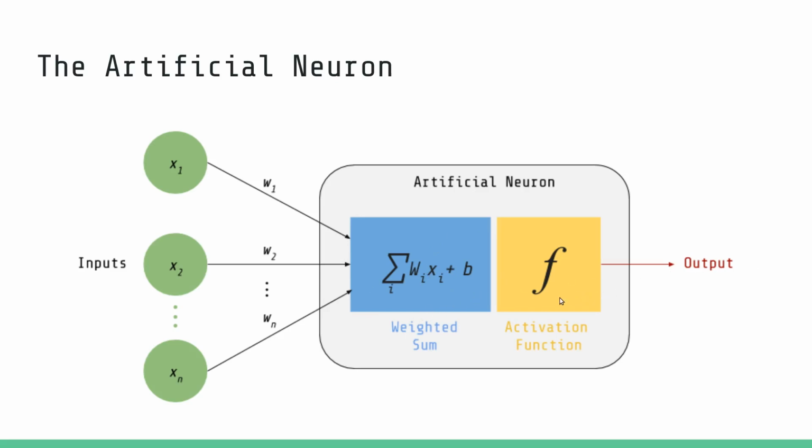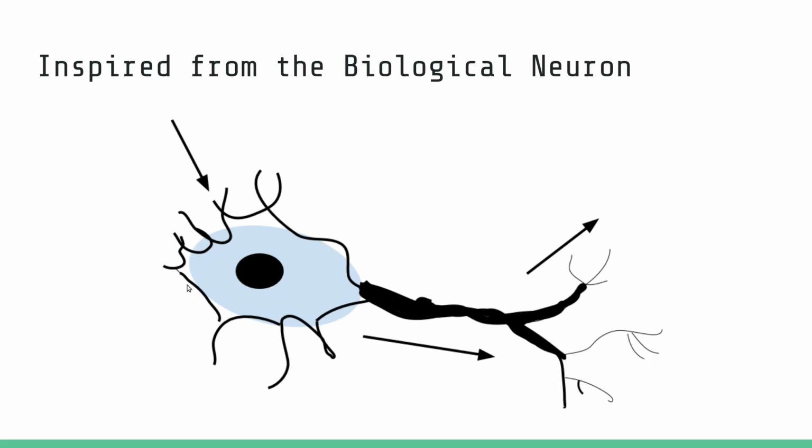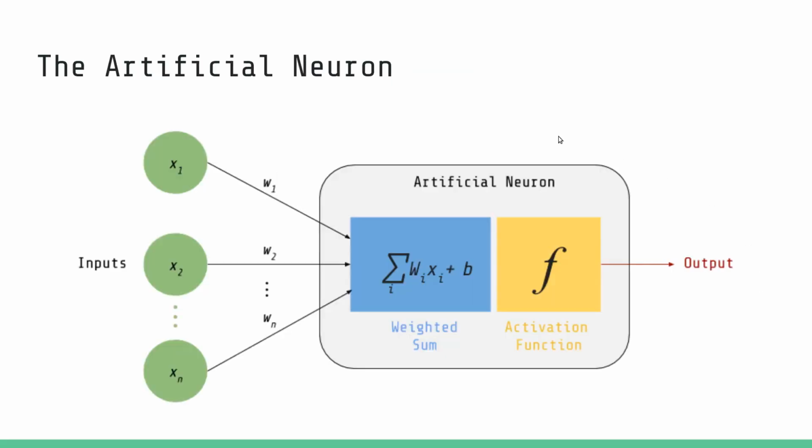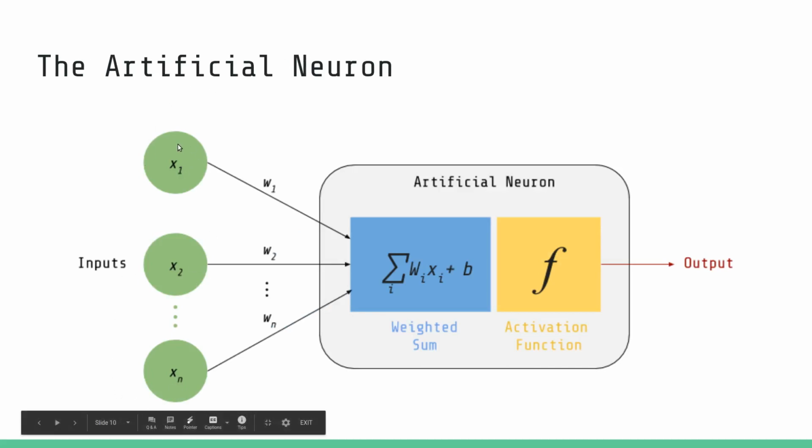But more importantly, this activation function is not linear. This is to counter the fact that here there was time. We could wait for inputs through time, and then if it was above a threshold, then fire. Here there is no notion of time. We just happen to have a vector x in input.